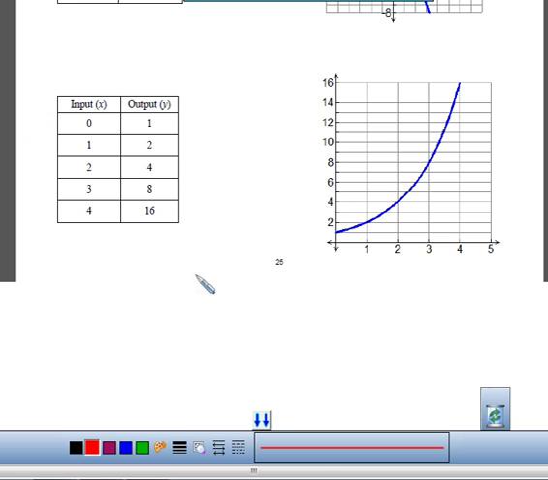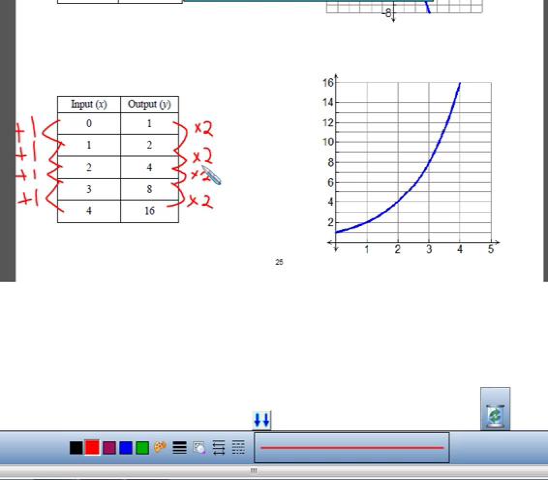Again, let's look at the values. So the input values are changing at a constant rate. They're increasing by 1 every time. But when we look at the output values, some of you might be saying, well, there's a rate there. It's doubling each time. That is not the same as adding or subtracting.